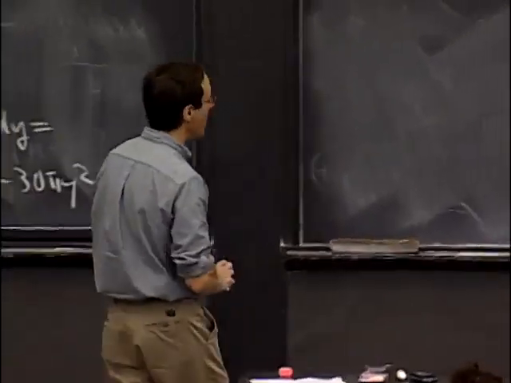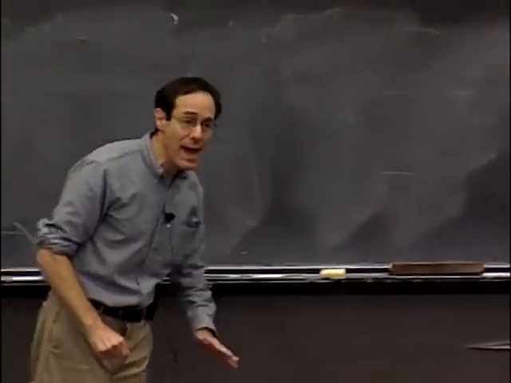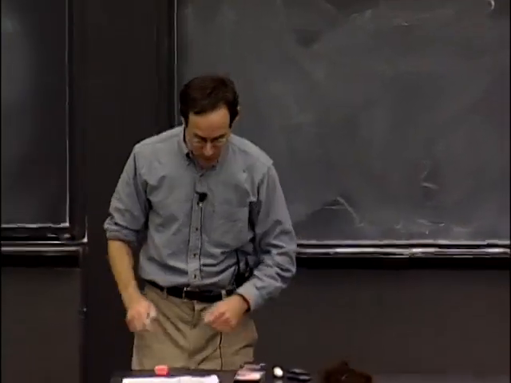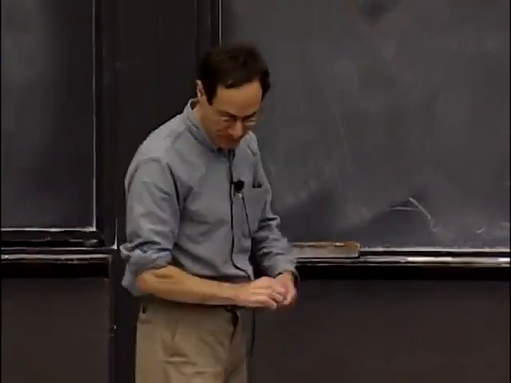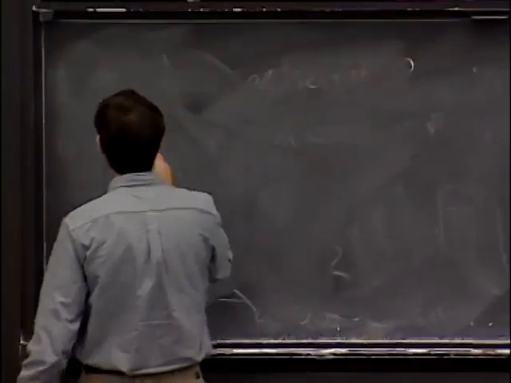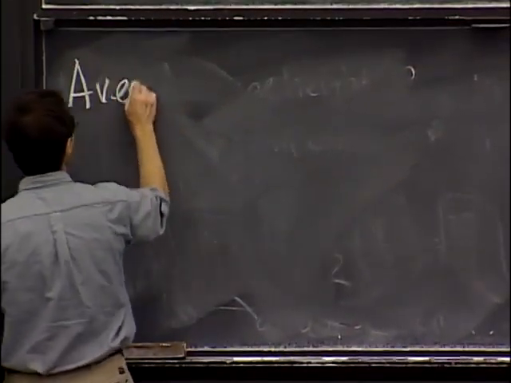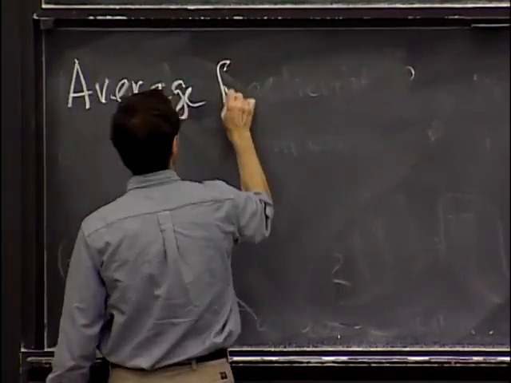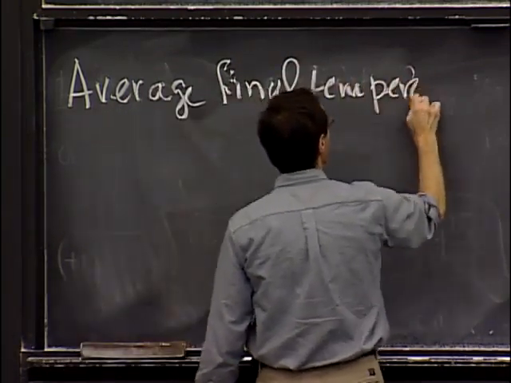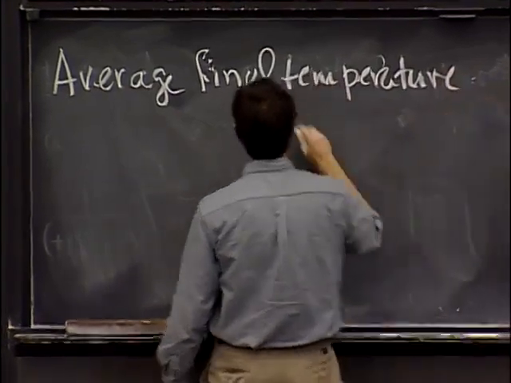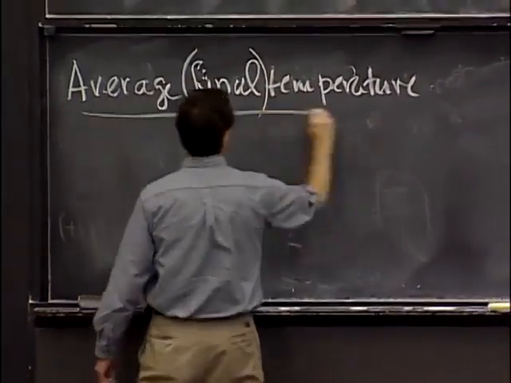All right, now I want to connect this with weighted averages before we go on, because that was the reason why I did weighted averages first. I'm going to compute also the average final temperature, because this is the interesting one.